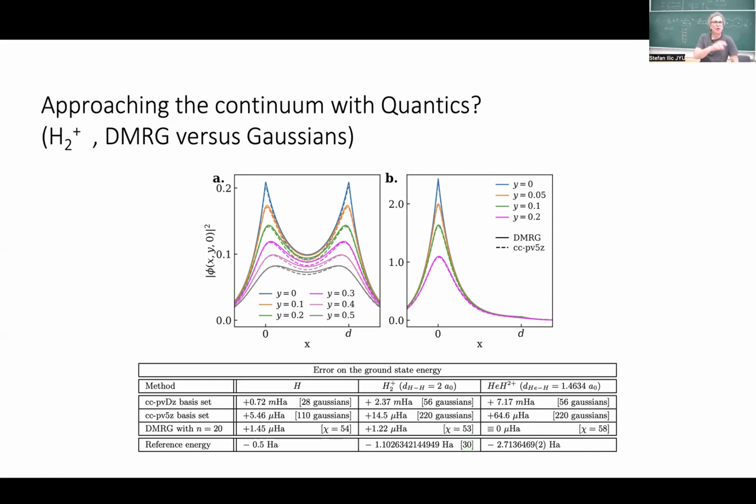Then you put more Gaussians to make it a better one. You call it double zeta. You add more Gaussians, you make it better. You call it triple zeta. But each time you optimize it in a very manual way, and then you try to extrapolate from double zeta, triple zeta, quadruple zeta, 5 zeta to the thermodynamic limit.